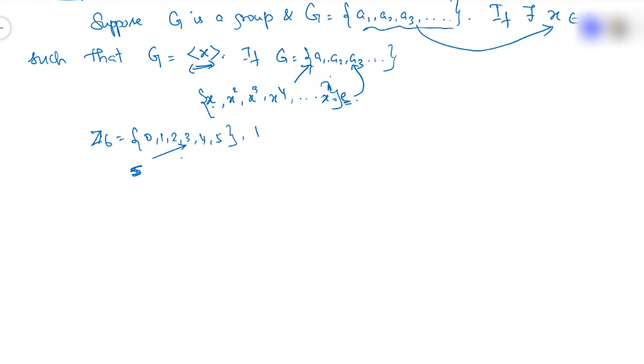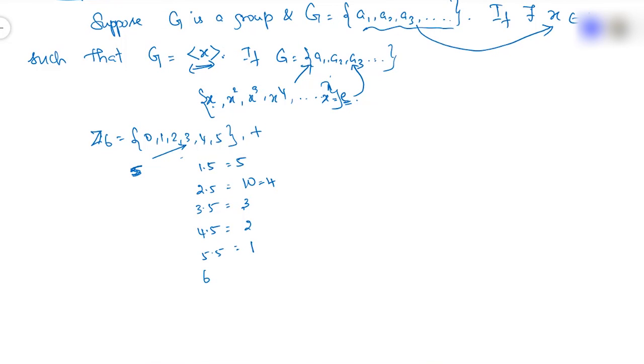Since the group is under plus, I have to multiply it with the numbers. First 1 into 5 is 5. Next 2 into 5 is 10, which is nothing but 4. Next 3 into 5 is 15, which is nothing but 3. 4 into 5 is 20, which is 2. 5 into 5 is 25, which is 1.